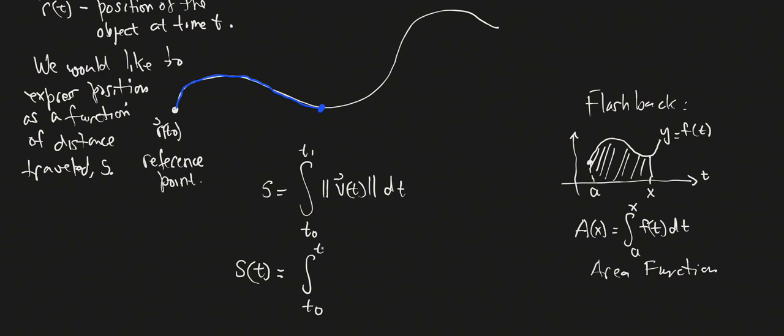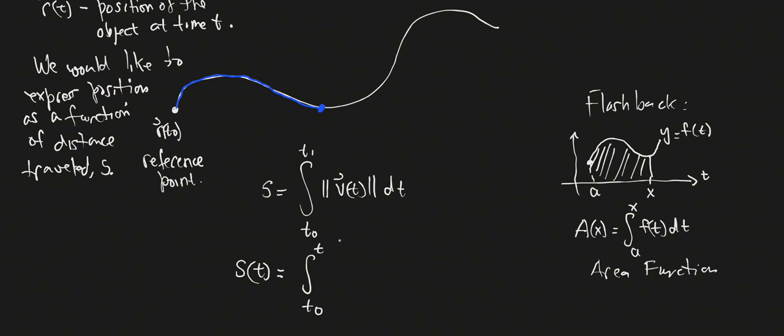So we're going to put an upper limit there, right? But for the same reason, once I have this variable as my upper limit, I can't have my velocity be a function of the same variable. So just like how I have to make sure that these two variables are different, I have to make sure that the variable that I use here will be different from t.